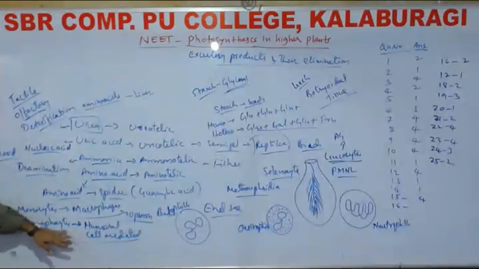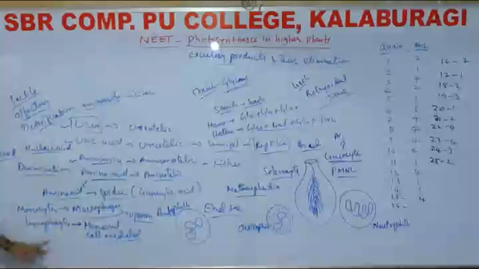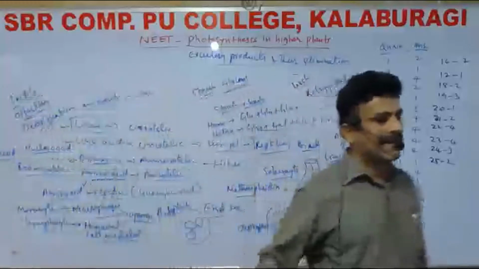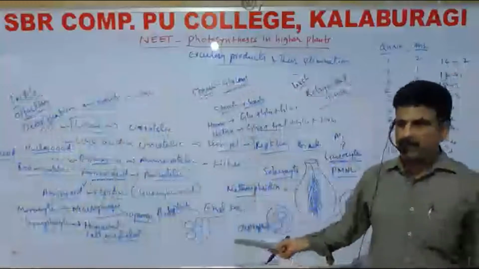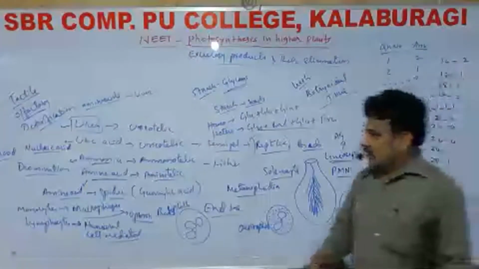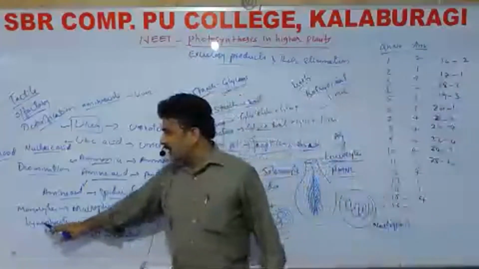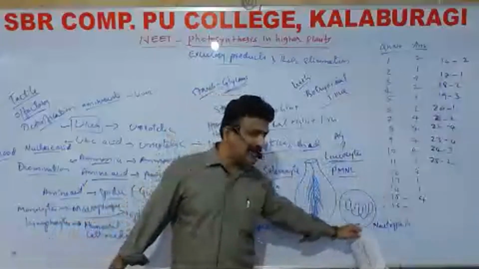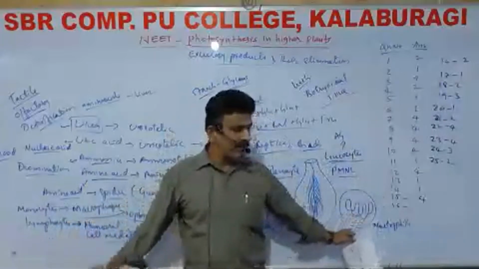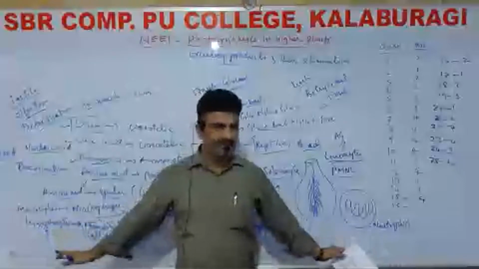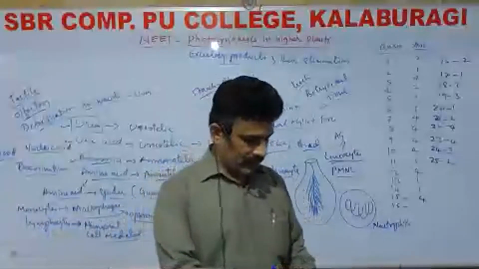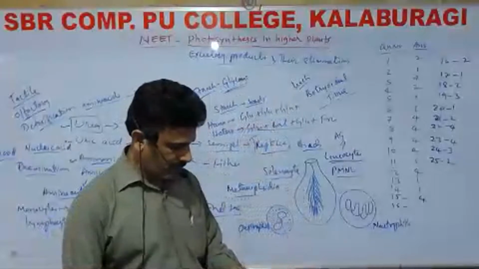Humoral immunity means antibody-mediated immunity. Cell-mediated immunity plays a vital role in graft rejection of the transplanted organ. So these are the different types of leukocyte cells, but their functions are totally different. Is it clear?